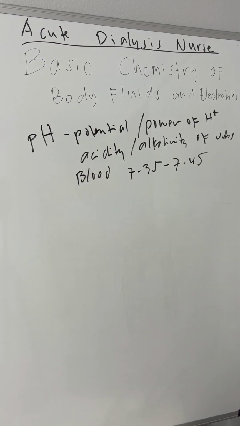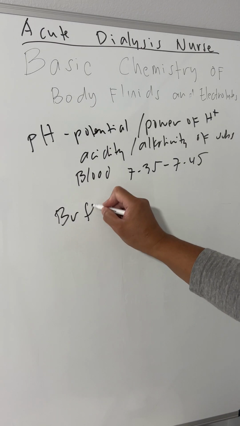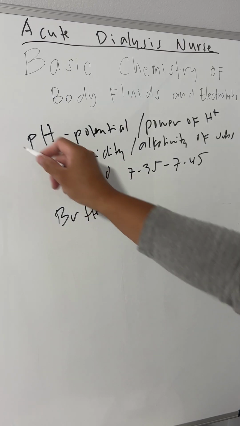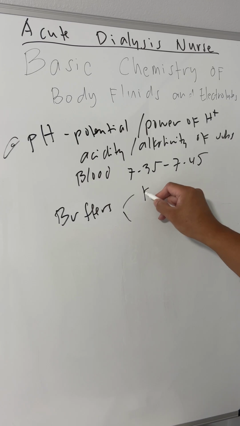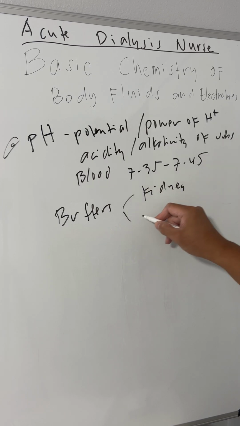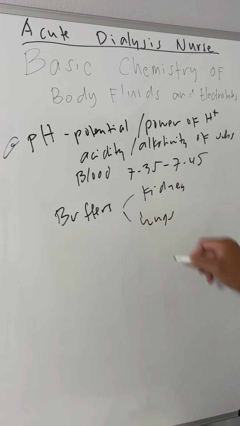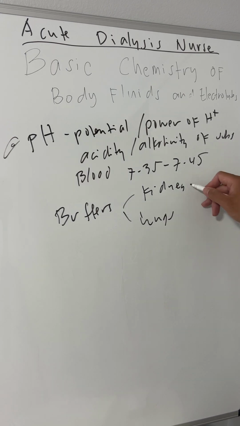Okay, so next is buffers. We're still on pH. Buffers, what are the two buffers? Kidney and lungs. For the kidney, the major buffer is the bicarbonate.